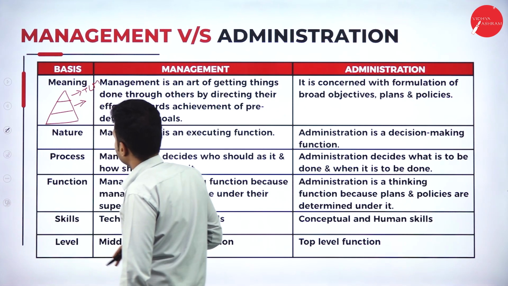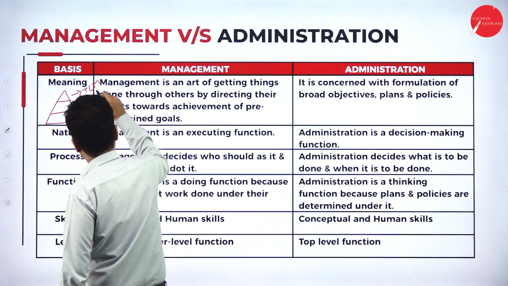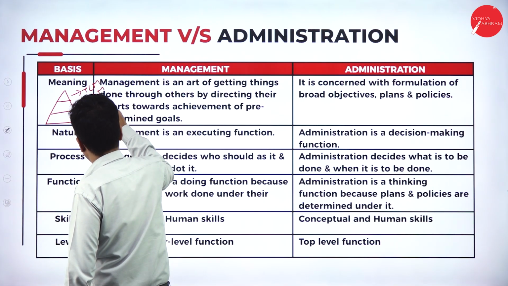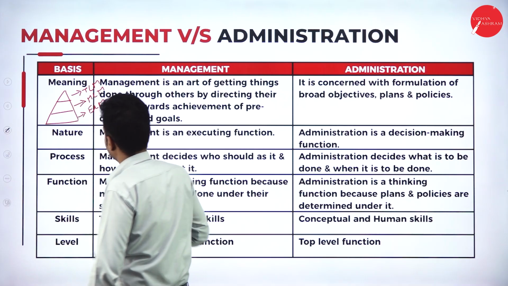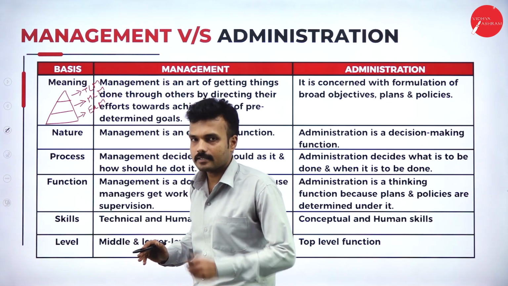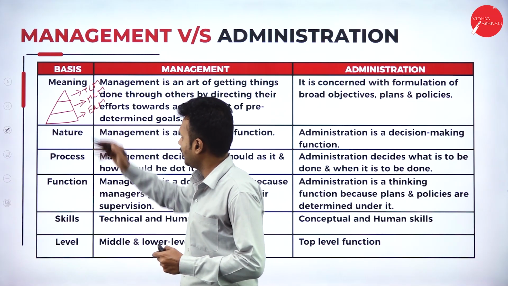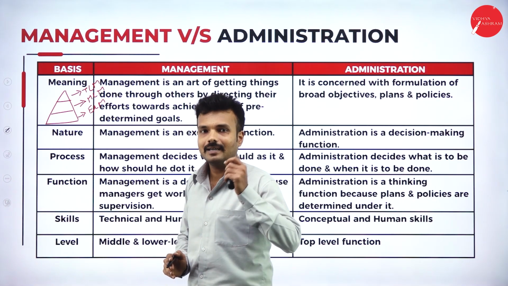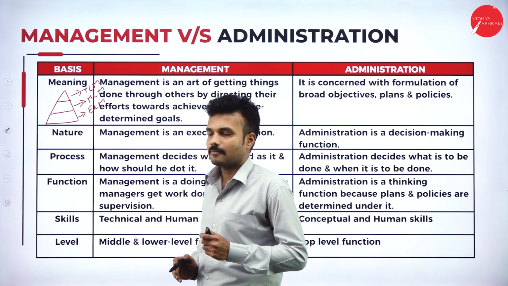The second one is the middle level management. The third one is the executive level management. Okay, so there are three levels of management. The topmost one we call a top level management, the middle one is the middle level management, and the last one is the executive level management.